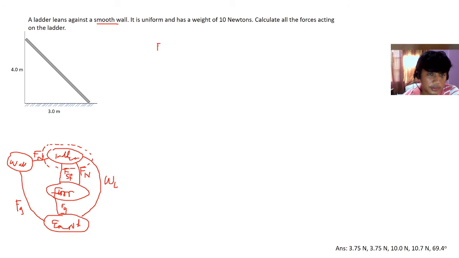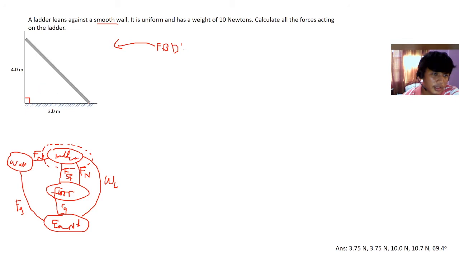So let's do the free body diagram for the ladder. And actually, let's just do that directly in this wonderful drawing. We know that this object is tilted. Actually, I forgot what the angle is here. But that's not a problem because we have this right triangle forming.